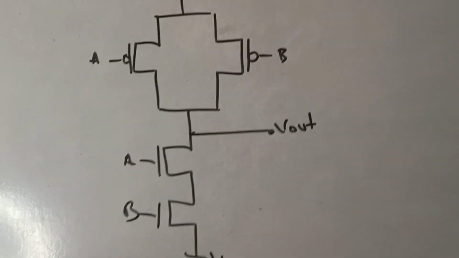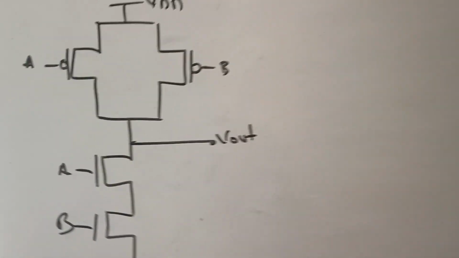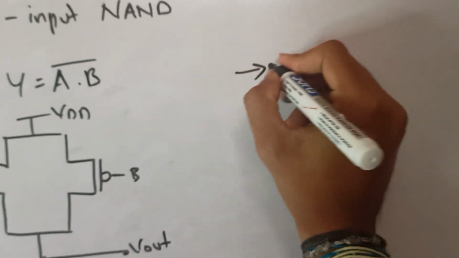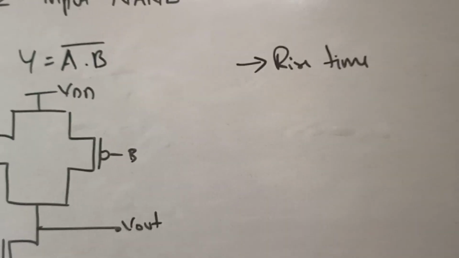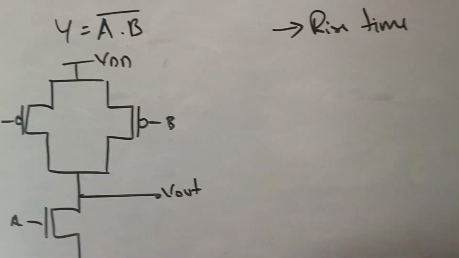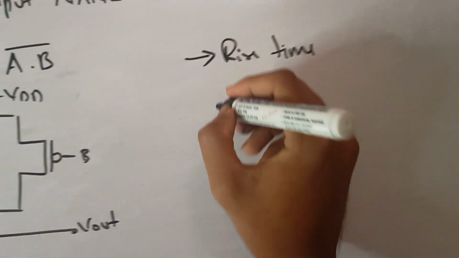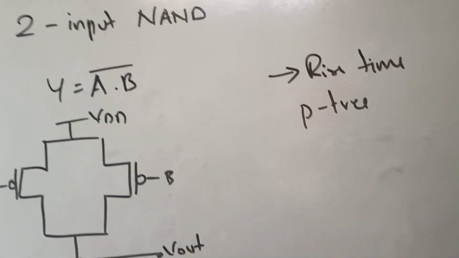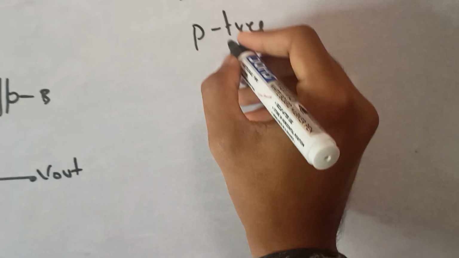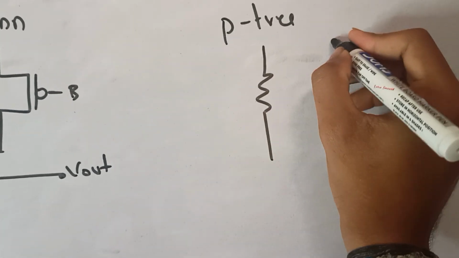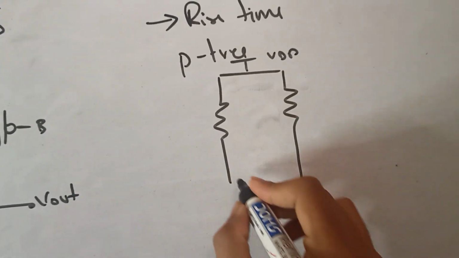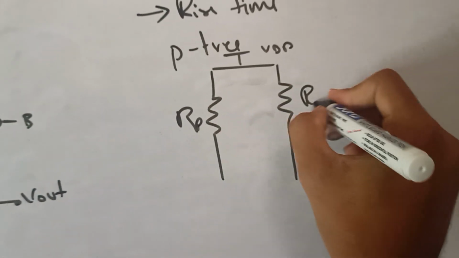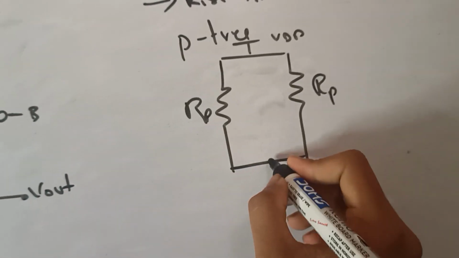First let us take the design for the rise time. If you consider the rise time, then we need to consider the path from VDD to Vout, where the P tree comes into the picture. The P tree for this NAND gate is given by: here comes VDD, this is RP, this is RP, say both the MOSes are identical.